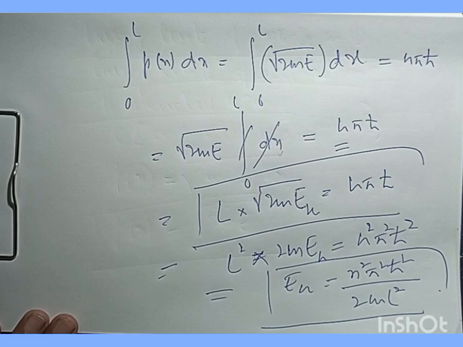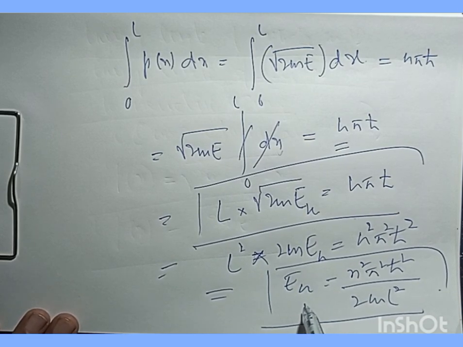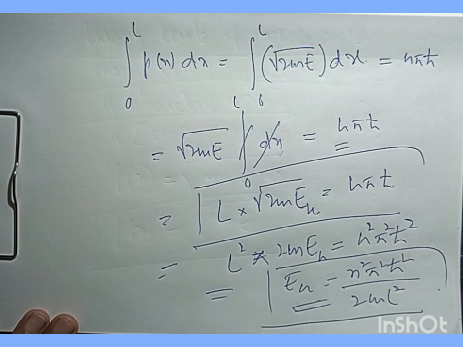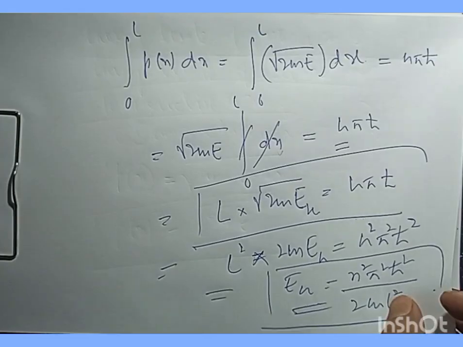So this is exactly the energy of the particle in a one-dimensional box, and this is the exact expression for the values of the energy of the particle in this infinite well. So this is the outset of one problem.